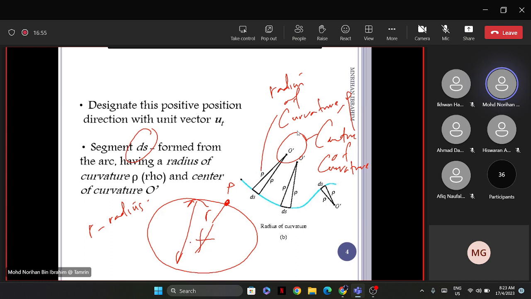So it's half of the diameter of this circular path. So R is equal to rho. We need to consider all this when we deal with this normal tangent coordinate system.